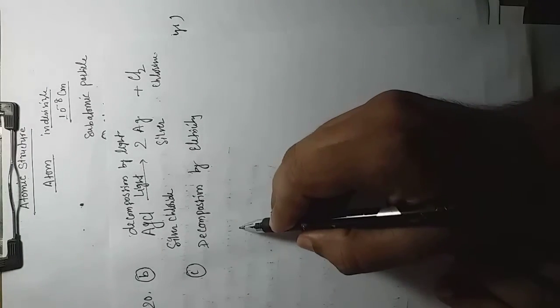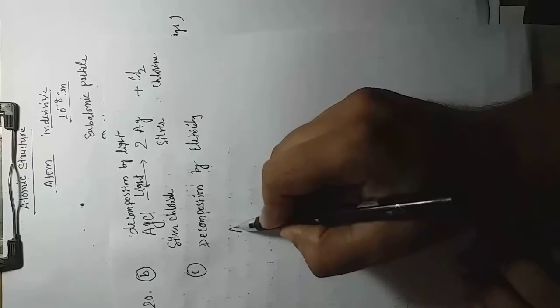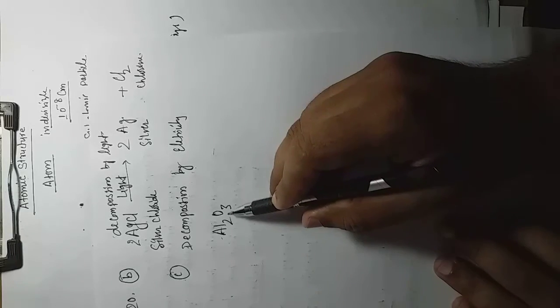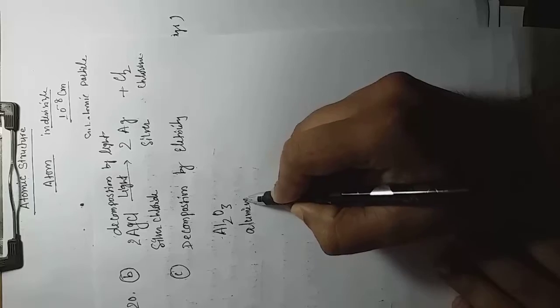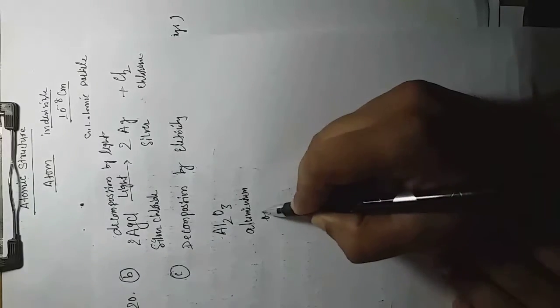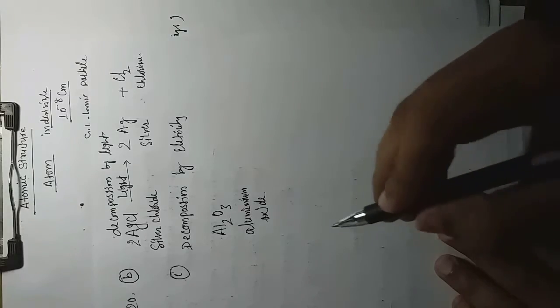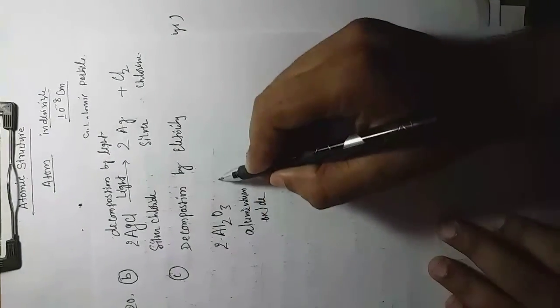So for this example we can write aluminium oxide, Al2O3 formula, and you can balance the equation by multiplying factor. We require all these formulas for higher studies, so memorize all the chemical formulas we are writing here. So this is 2Al2O3.